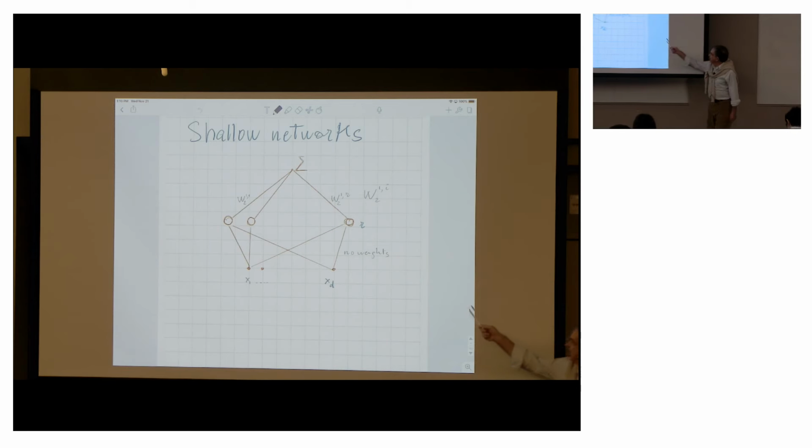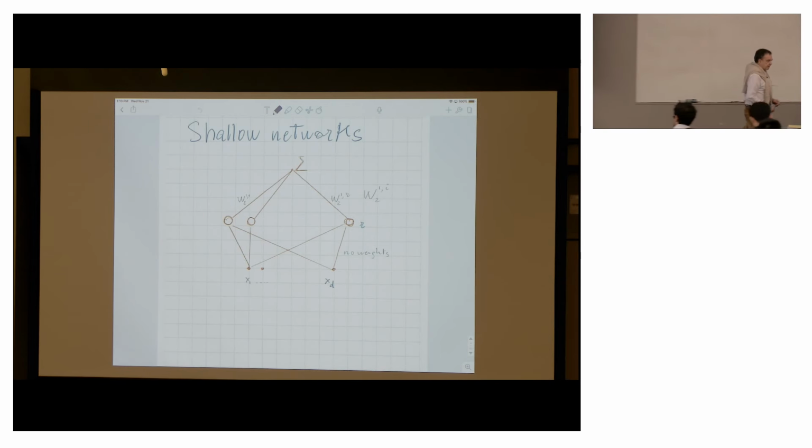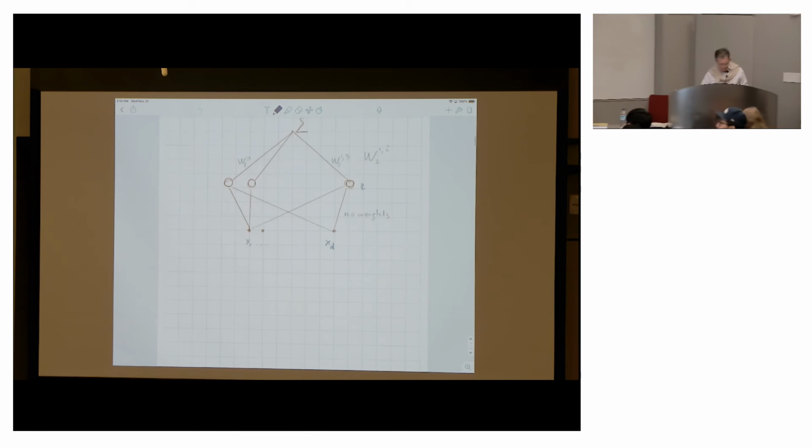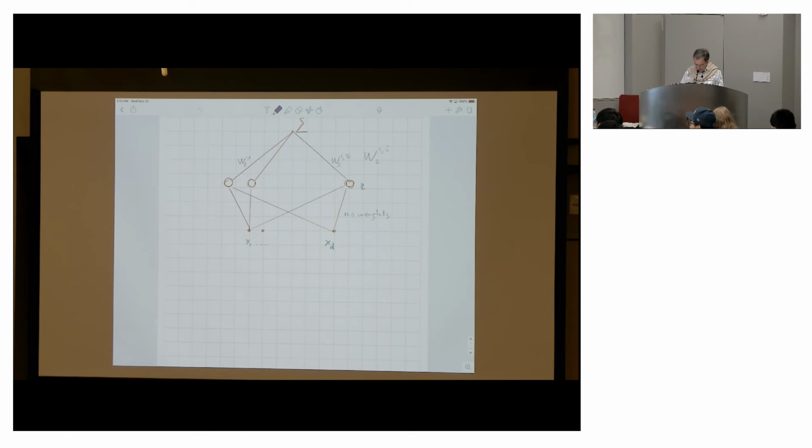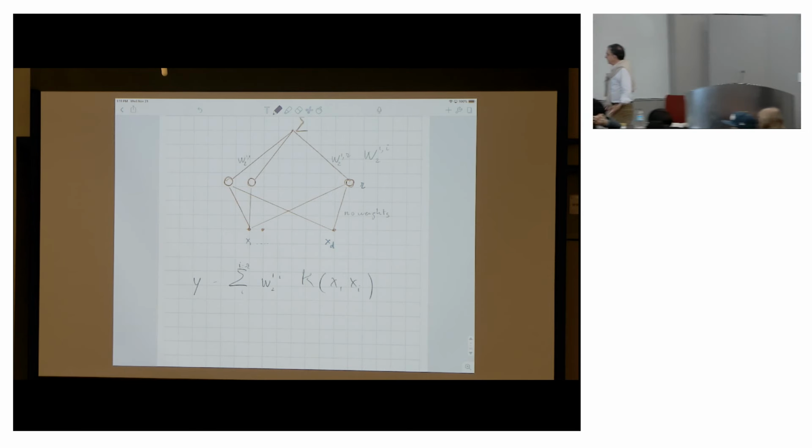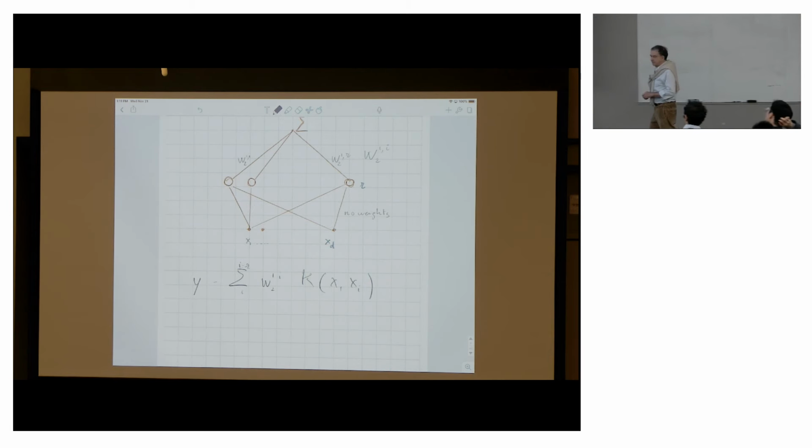And you may have a situation like this one, which would be typical for kernel machines, in which your y is a linear combination, sum over i from 1 to R of c_i K(x, x_i), where K is a kernel, could be just a dot product or a Gaussian kernel.